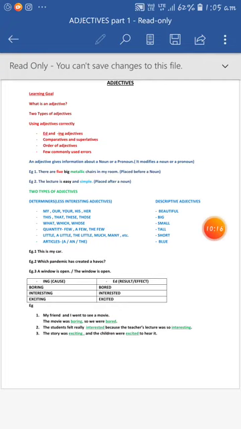Third example: the story was exciting and the children were excited to hear it. The same goes with the third example as well. The story was exciting. What was exciting? Of course, the story. So there is a reason for the children to be excited. So, of course, a cause and a result.